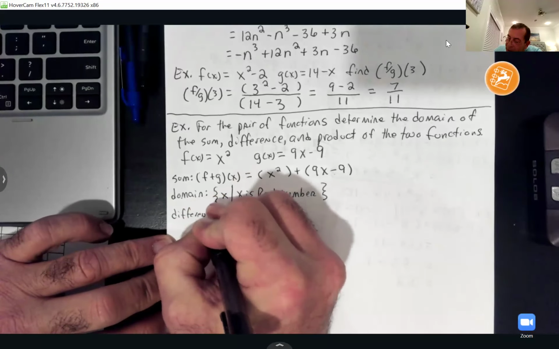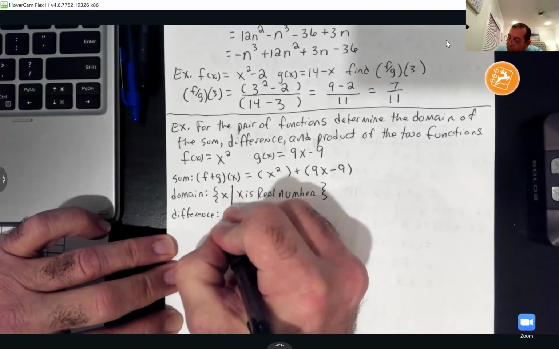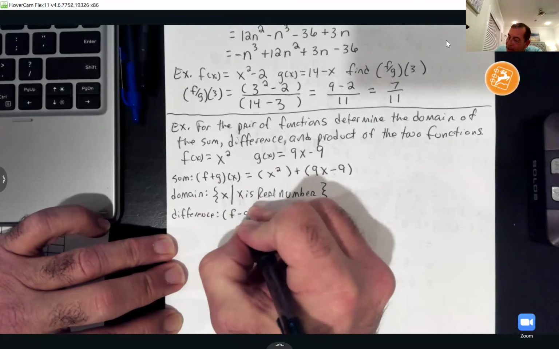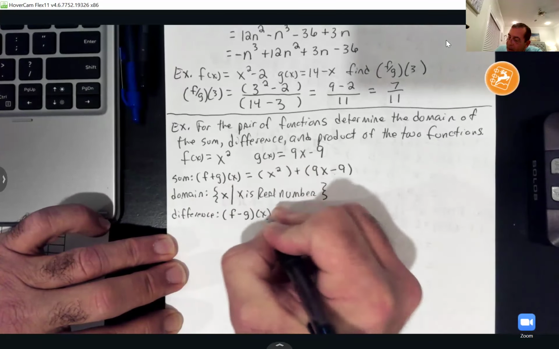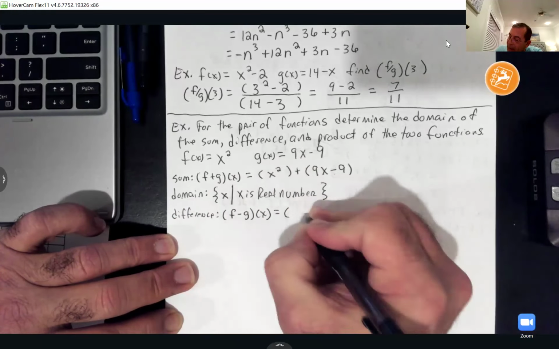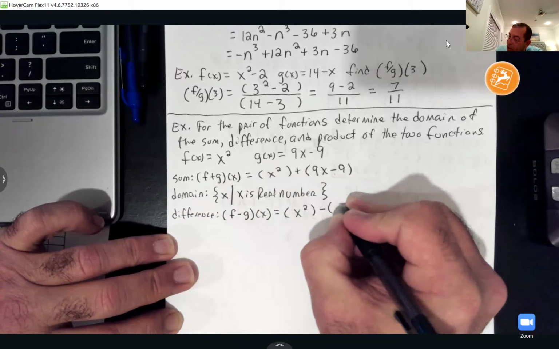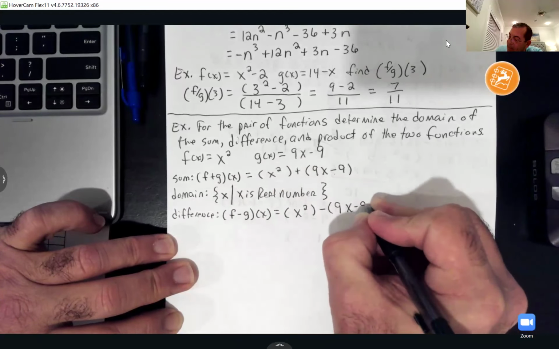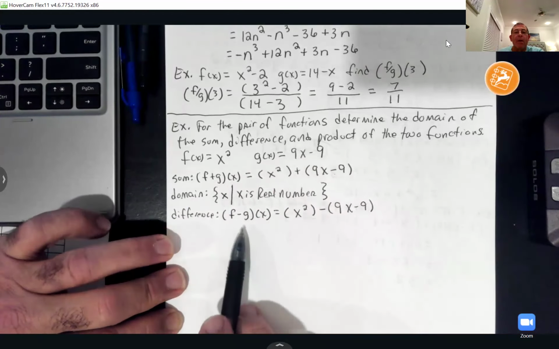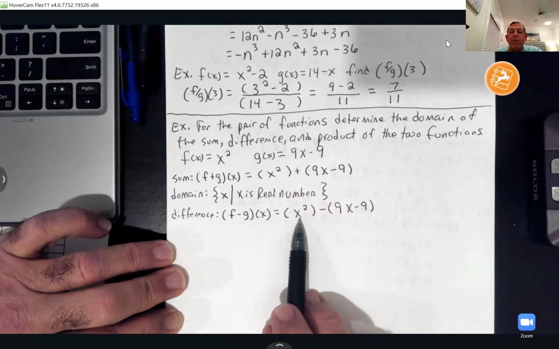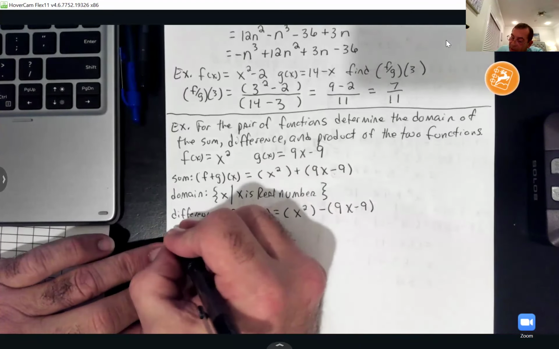So the difference, y'all, the difference will be f minus g of x. It'll be my f equation, x squared, minus my g, which is 9x minus 9. What is the domain if I was going to subtract these two functions?